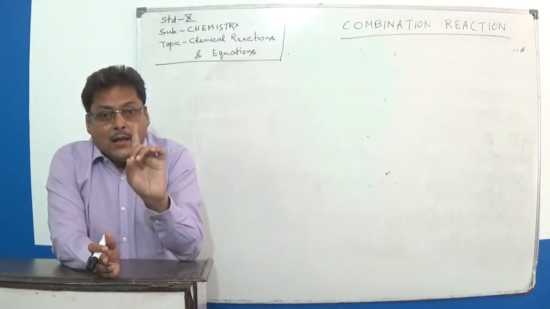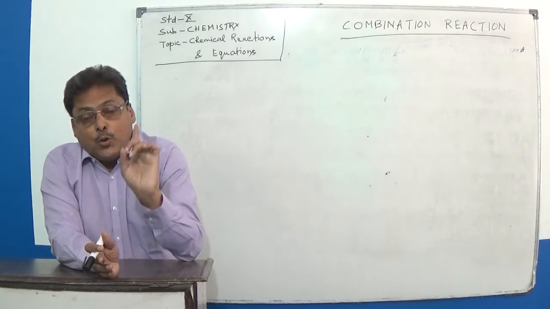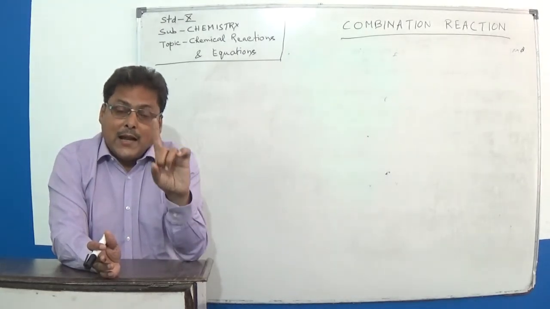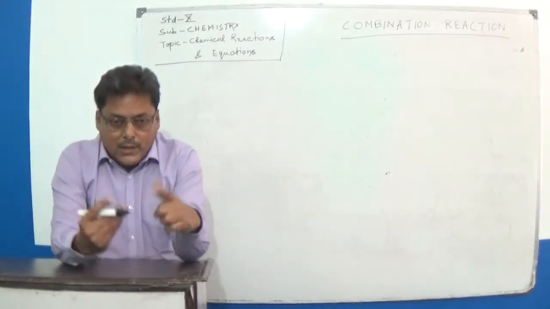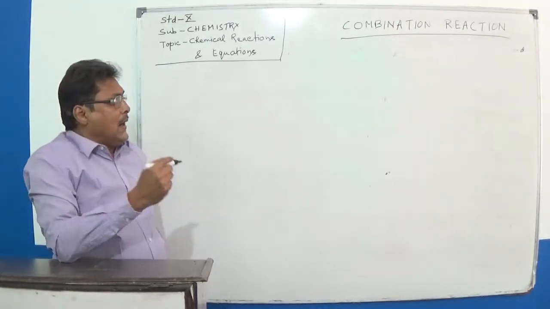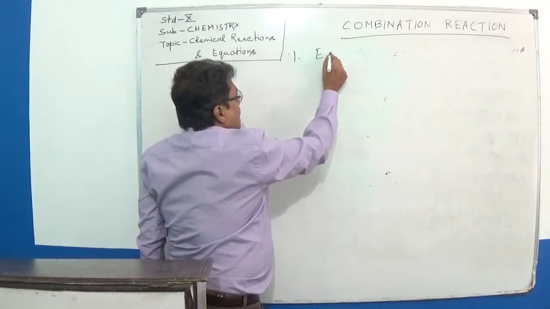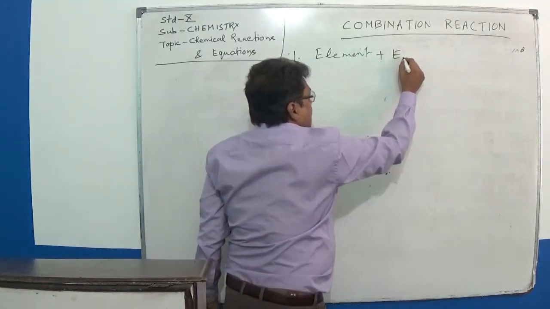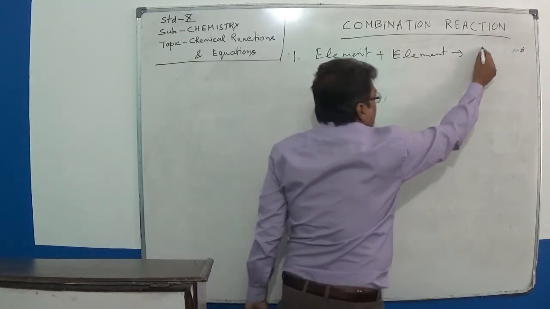That is the speciality of combination reaction. It must produce a single compound, single product. Only that kind of reactions we call combination reaction. For example, it can be of 3 types. Let's say it may be element plus element, and the product of course is a compound.